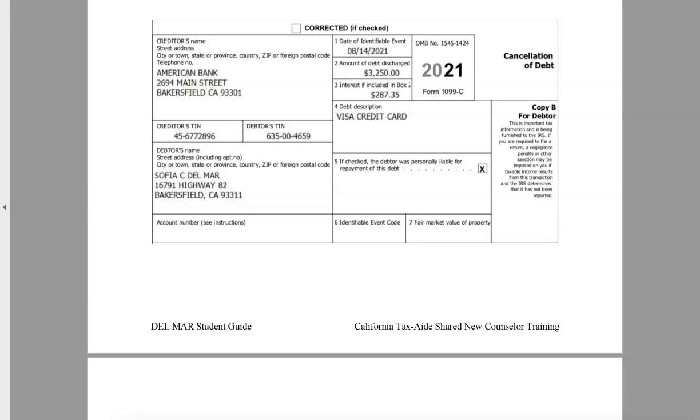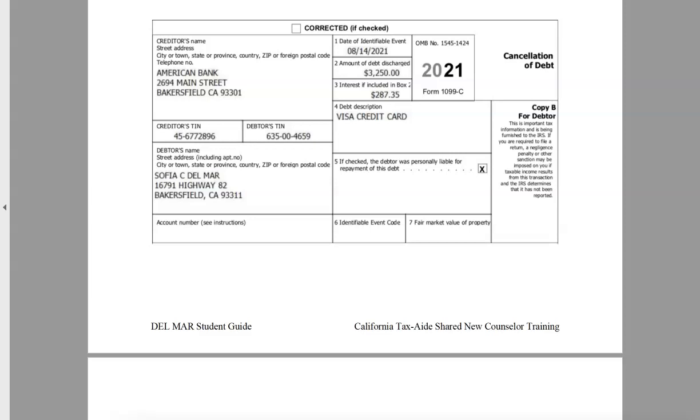So the American bank presumably has gotten tired of trying to collect this debt from Sophia and has concluded that there's no point in selling this thing to a debt collector. So they are writing this off, and that is income to Sophia.